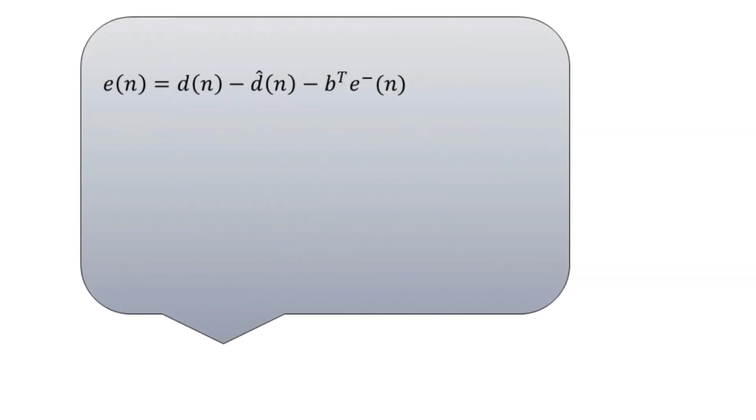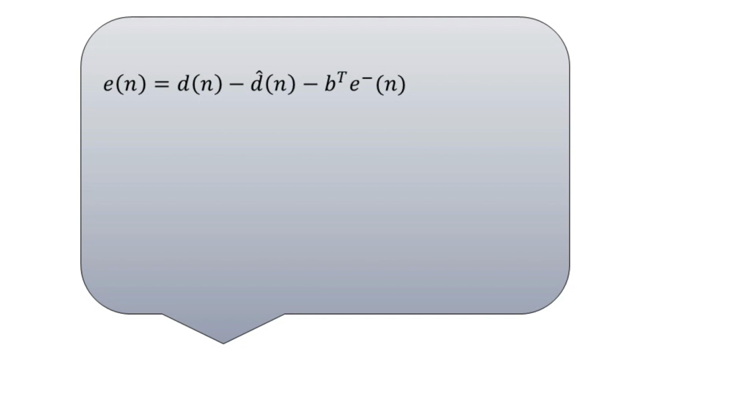So e of n is the error signal, which is the subtraction d of n minus the estimate of d of n, equal to d of n minus b to the power capital T, representing the transpose, multiplied by e to the power minus, and it is a function of small n here.